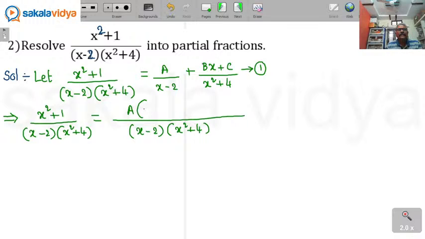We get A times x square plus 4 plus Bx plus C multiplied by x minus 2.